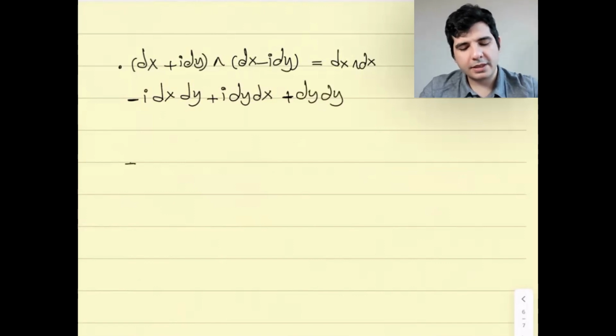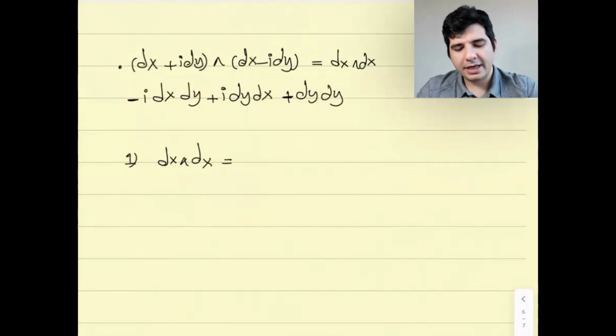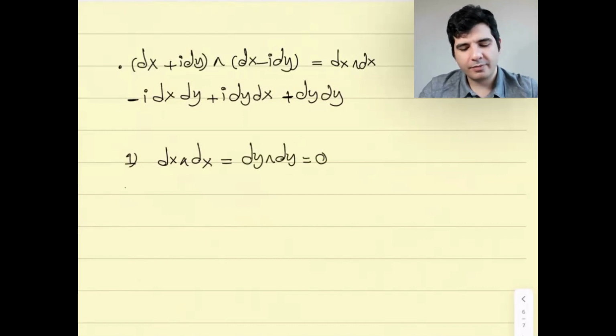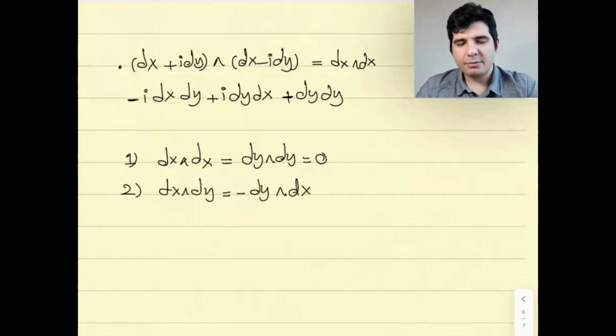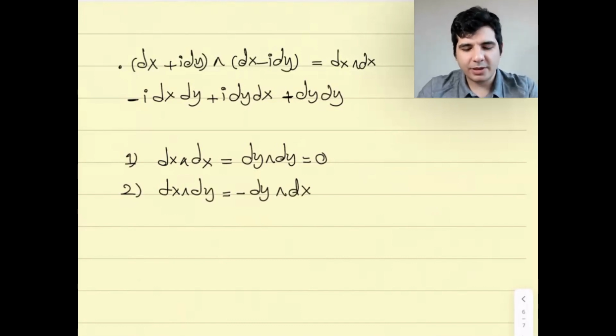There are two rules in working with these forms in integrals. One is that any simple thing like dx wedge dx or dy wedge dy is equal to 0. The second rule is that dx wedge dy is equal to minus dy wedge dx. There is a mathematics for these things, but at this point, let's just think about this in formal terms.